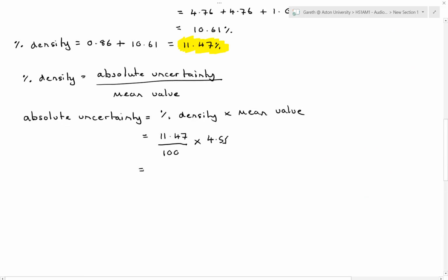By substituting that into our calculator, we get an answer of 0.52 grams per centimetre cubed for our absolute uncertainty. So I could write down my final answer: my density is equal to 4.55 plus or minus 0.52 grams per centimetre cubed.